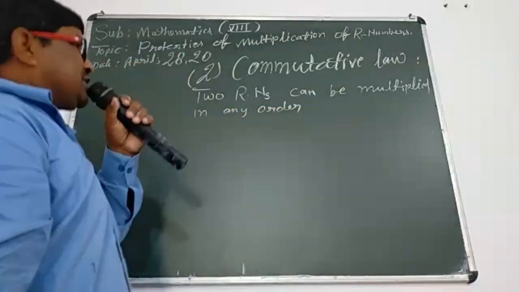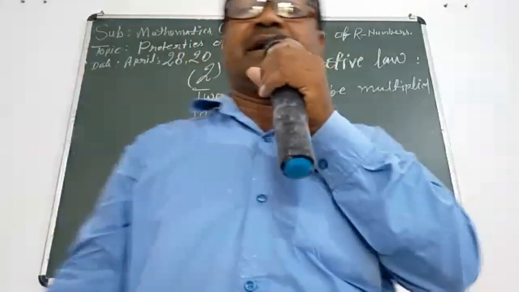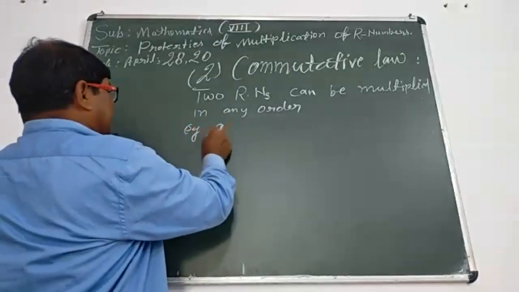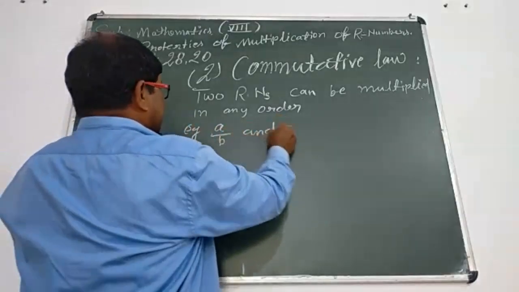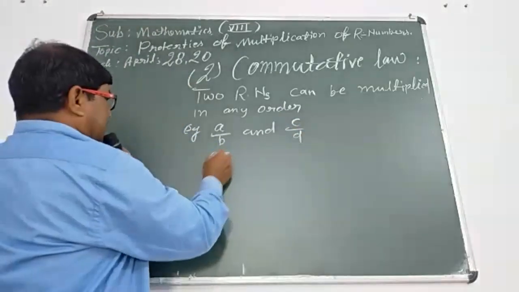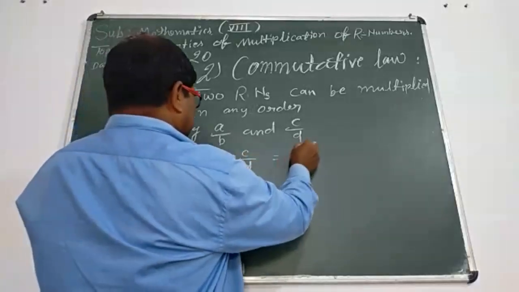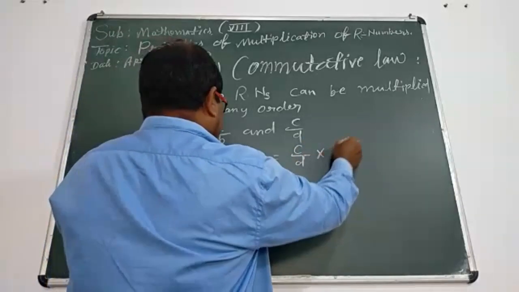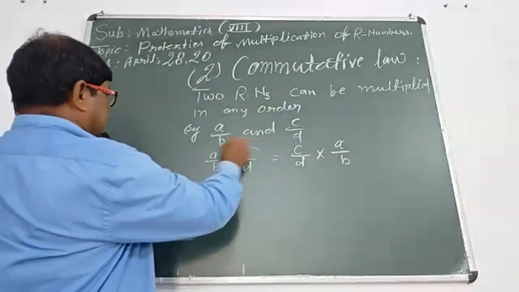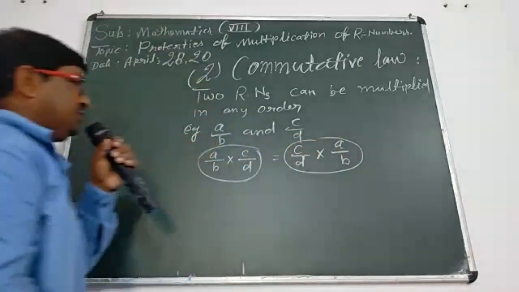Suppose that you have two rationals A upon B and C upon D. Now you can write A upon B multiplied by C upon D equal to C upon D multiplied by A upon B. The product of these two is always equal to the product of these two.